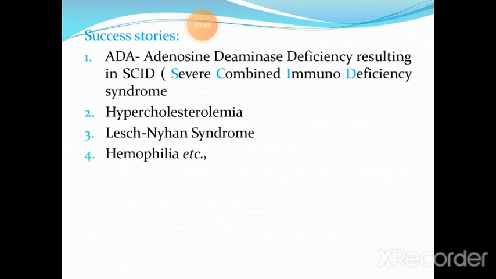ADA, I was telling you, adenosine deaminase deficiency resulting in SCID, that is severe combined immunodeficiency syndrome, has been corrected by ex vivo gene therapy. Then hypercholesterolemia has been corrected. Then Lesch-Nyhan syndrome, hemophilia. These are all diseases caused due to genetic defects, and they all have been corrected by ex vivo gene therapy. So these are the success stories.